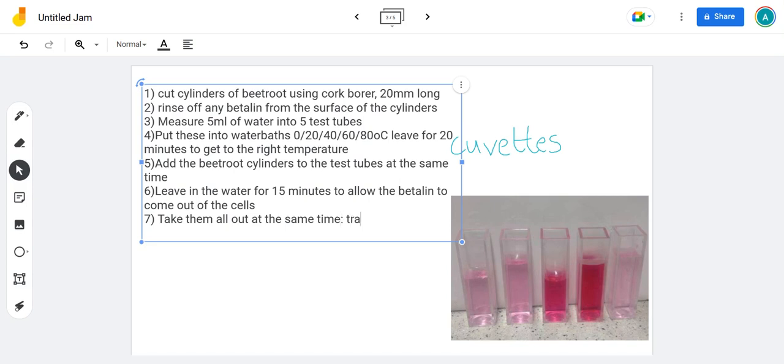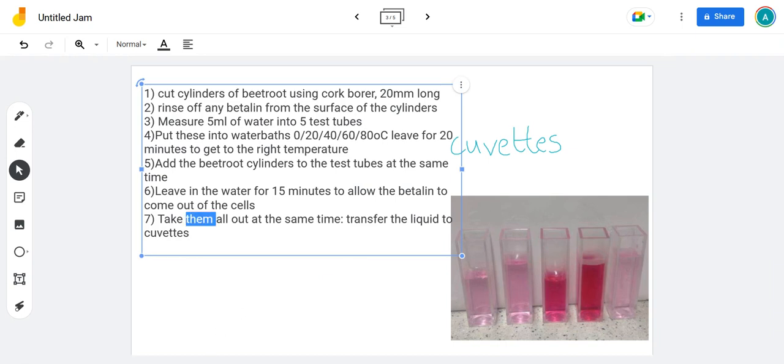And we want to transfer the liquid to cuvettes, to these little square plastic pots that go in the colorimeter. Okay, so when I said take them out, all out, I just mean the beetroot.